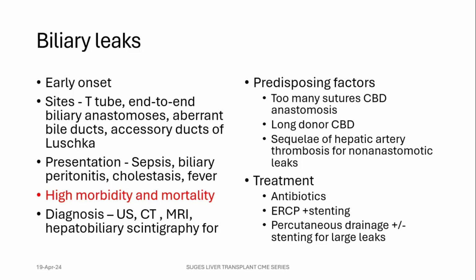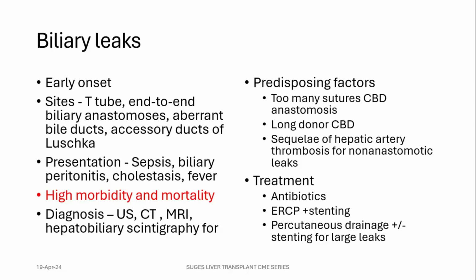Predisposing factors: if you have too many sutures on the CBD anastomosis, you may think that you're trying to prevent a leak, but in the process, you may cause ischemia and damage to part of the anastomosis and end up with a leak, instead of having established a very secure anastomosis.